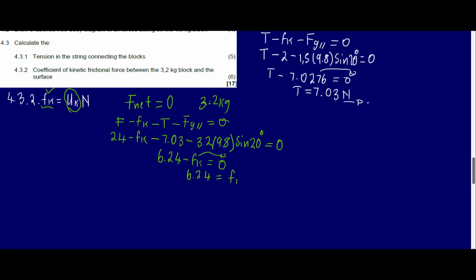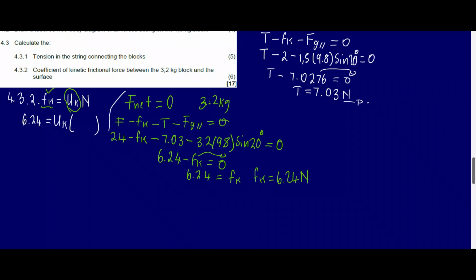If you transpose Fk to that side, you'll see that 6.24 would be equal to the Fk. So the Fk in this case is equal to 6.24 newtons. So here we can substitute the 6.24 newtons to calculate that.